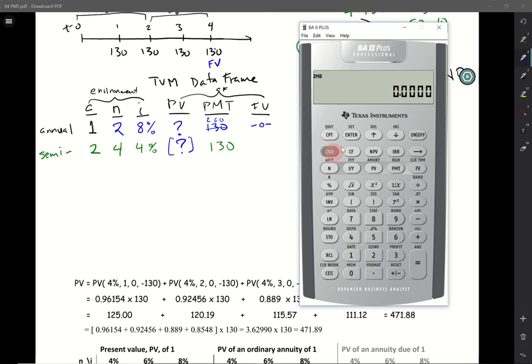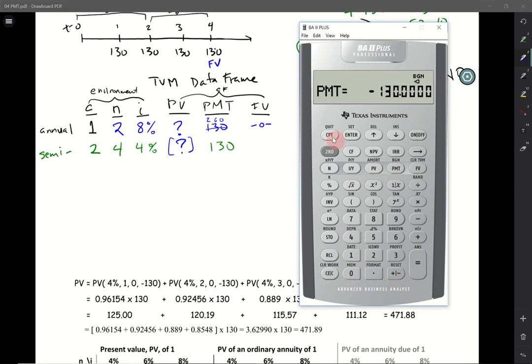We'll go to BGN and set it, and we'll go back. Now if we compute the PMT, oh sorry, wrong one. 130 back PMT.